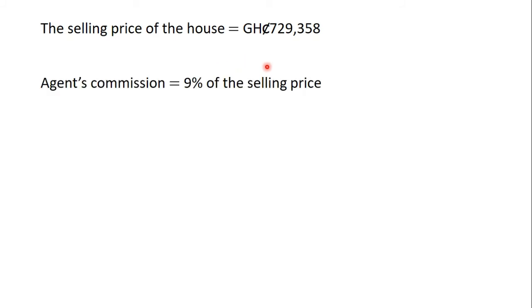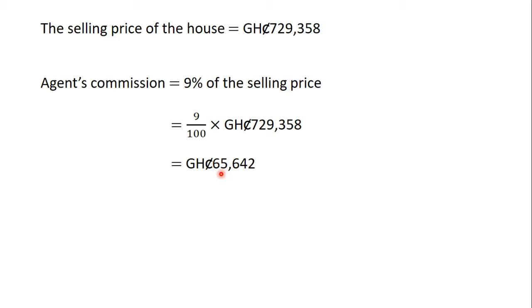The question also told us to calculate for the agent's commission. We have now found the selling price of the house. We know that the agent's commission is equal to 9% of the selling price. And this will give us 9 divided by 100 times the selling price of the house, which is 729,358 Ghana cedis.